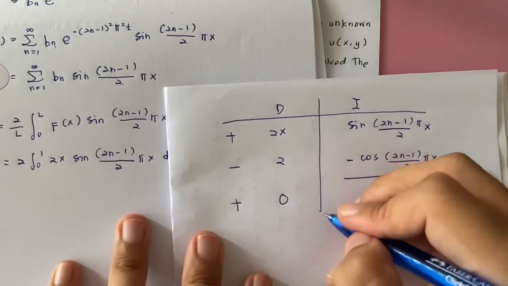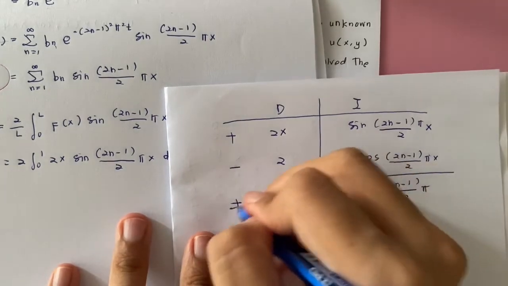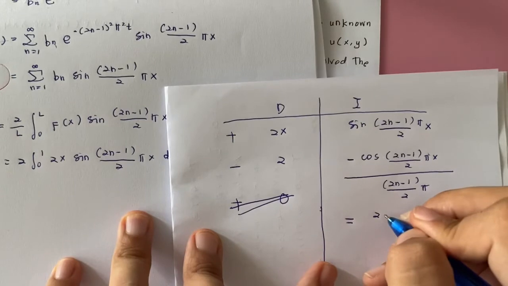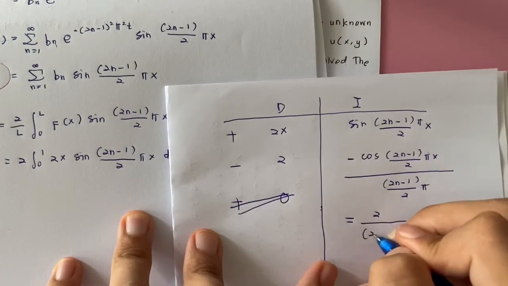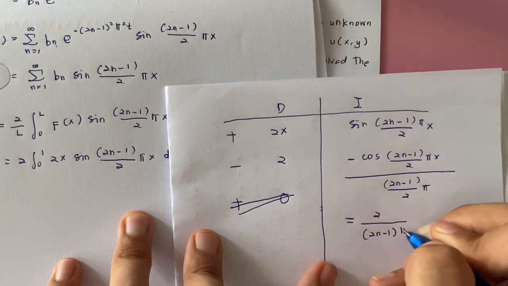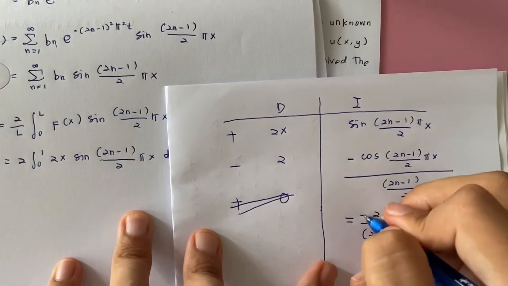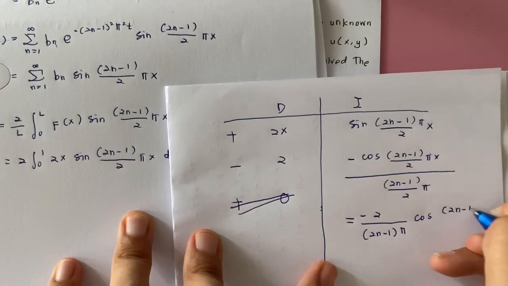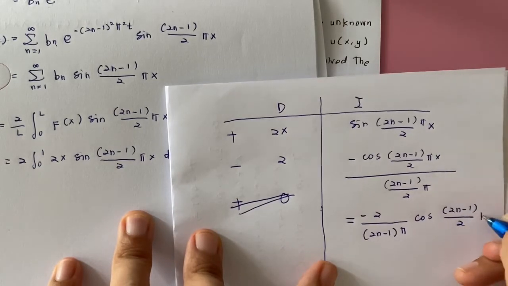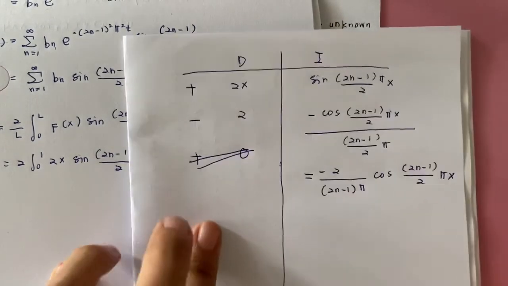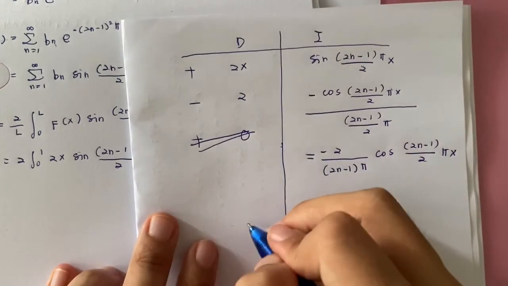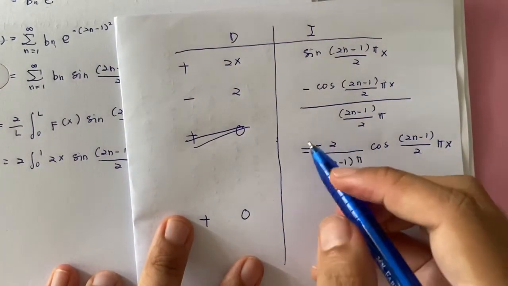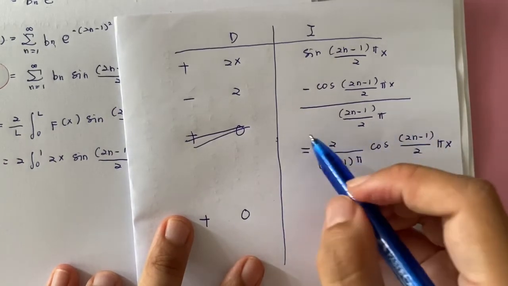Okay, so let's solve this. So this is equal to 2 over 2n minus 1 pi, minus cos 2n minus 1 over 2 pi x. Okay, and then we have 0 here, we have plus here, and then we need to do the integration for this one.